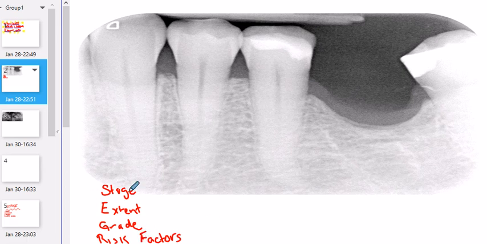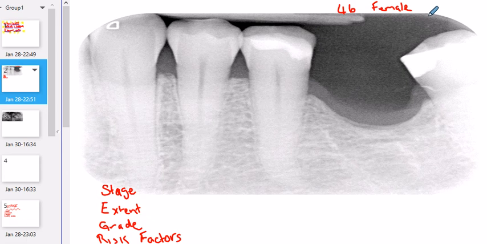Okay, so let's go to the first part, the stage. In this situation, we have had full mouth periapicals. We have a patient who is a 46-year-old female, and we have done a full periodontal charting.